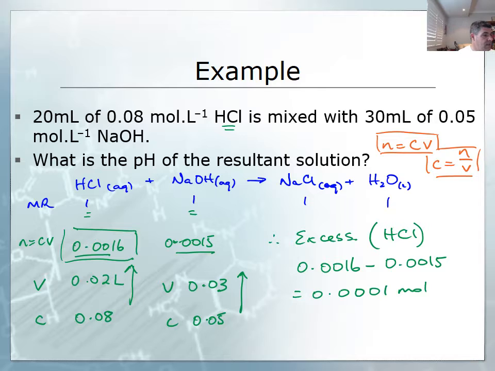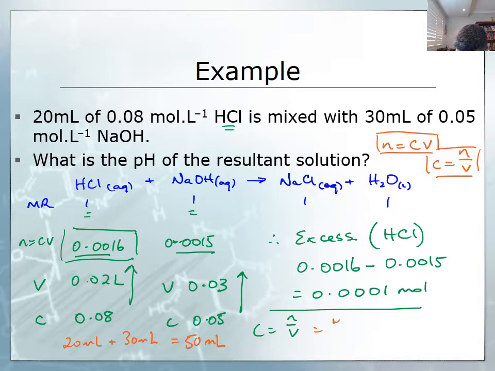In order to get our final concentration, we have to look at the value that we have for the concentration. A concentration is number of moles over volume. Because we added 20 mL to 30 mL, our final volume is 50 mL. So we have 0.0001 on 0.05.